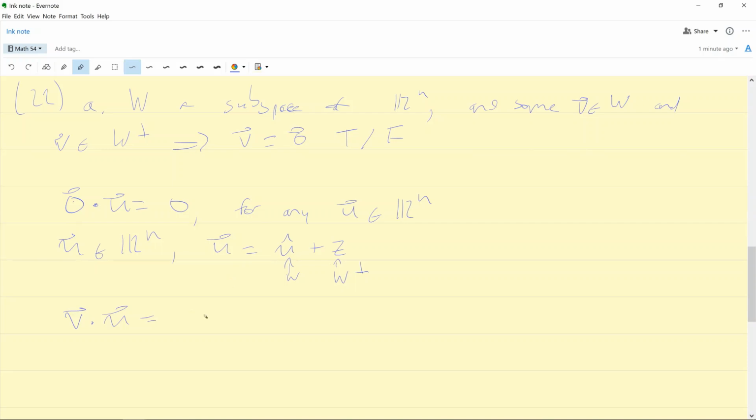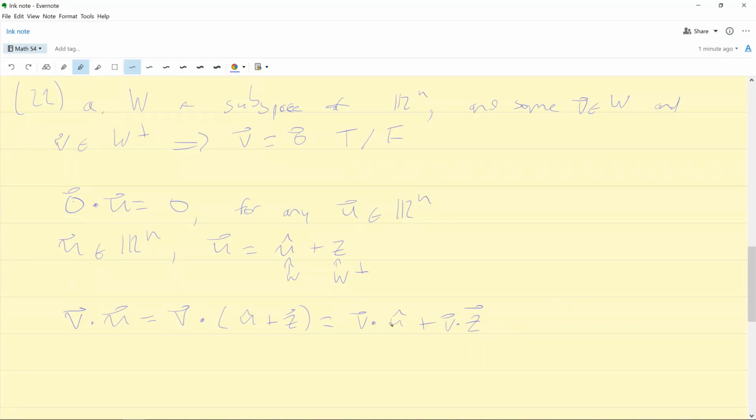Well, given this decomposition of u, we can write this as v dot (u hat plus z), and then distribute to write this as v dot u hat plus v dot z, right?